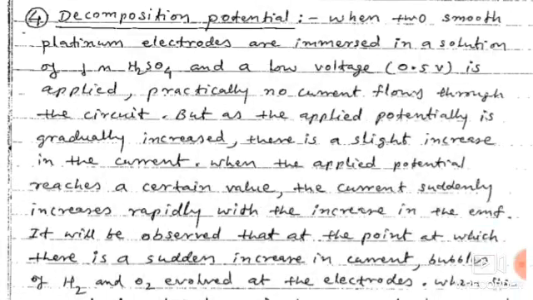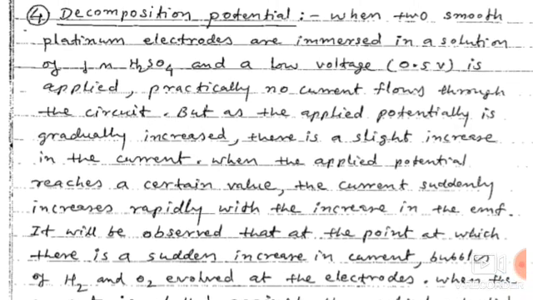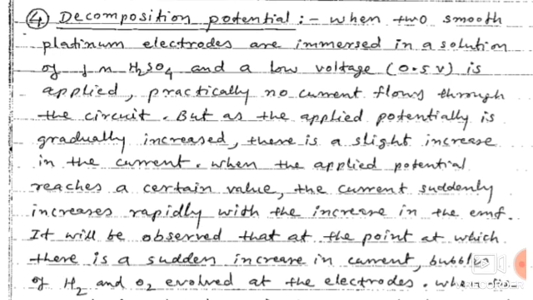That potential is nothing but the decomposition potential, at which a sudden increase in the current is observed with a slight increase in the potential. So the point at which a sudden increase in the current is observed is known as the decomposition potential.